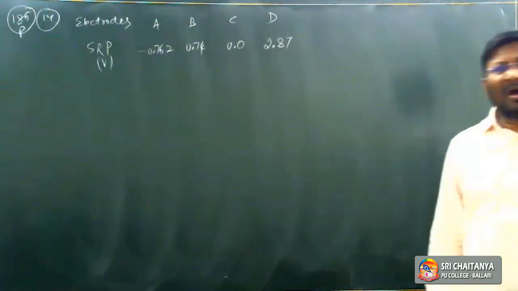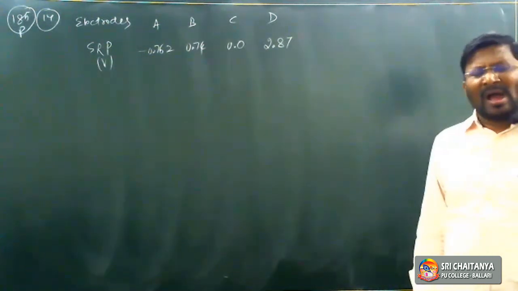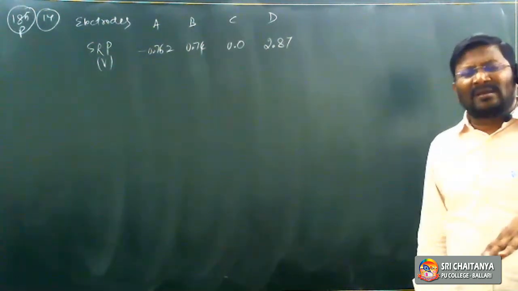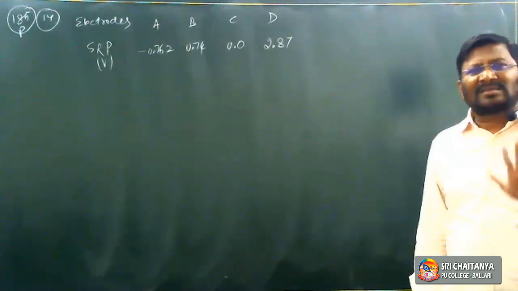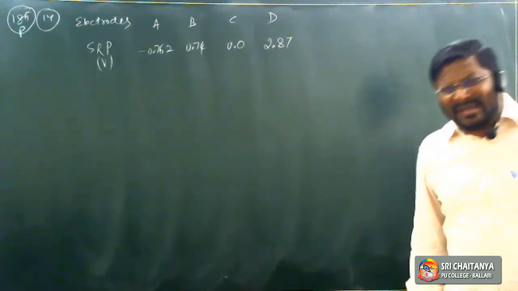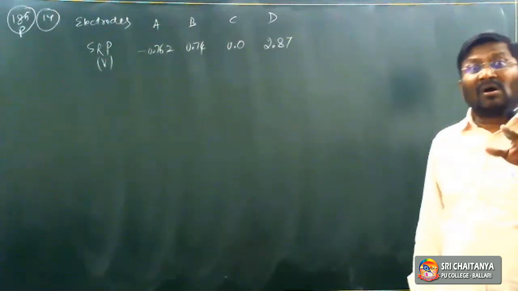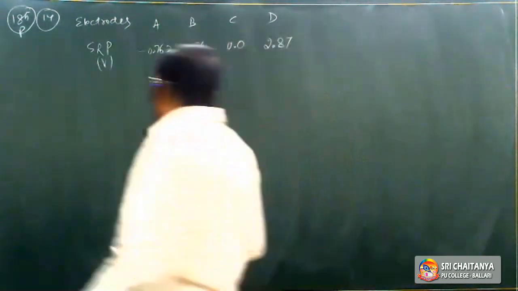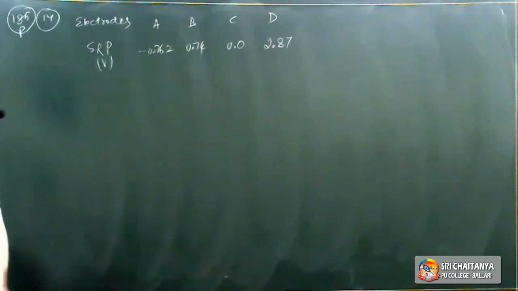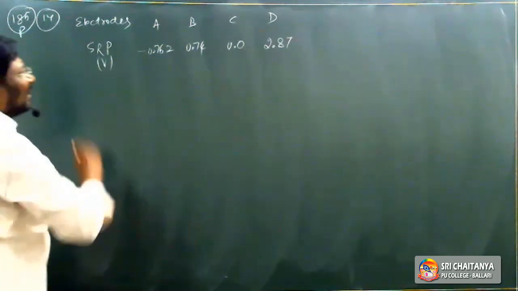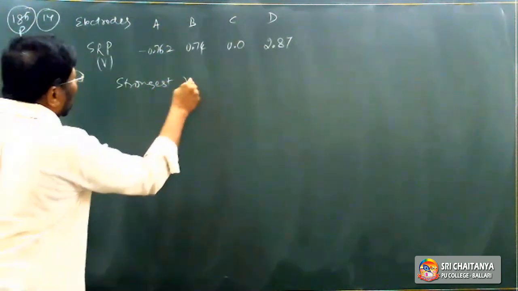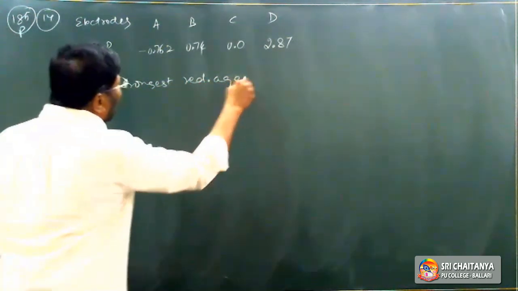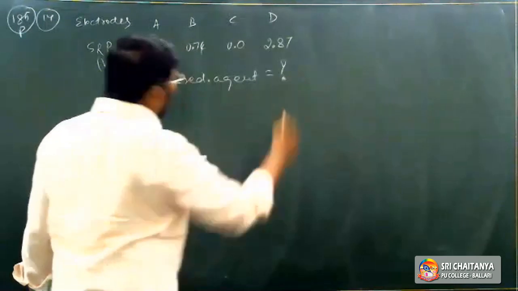Therefore, highest SRP means strong oxidizing agent, and least SRP means strong reducing agent. So please remember, in this one, the question is the strongest reducing agent.